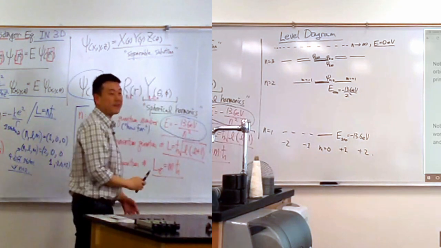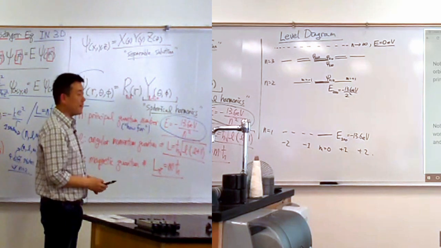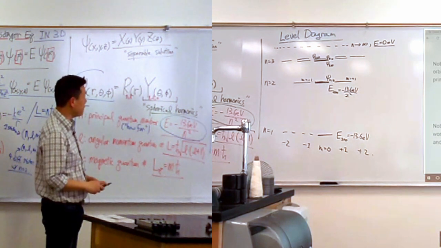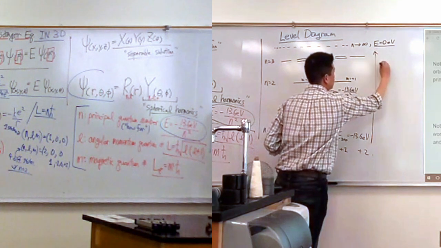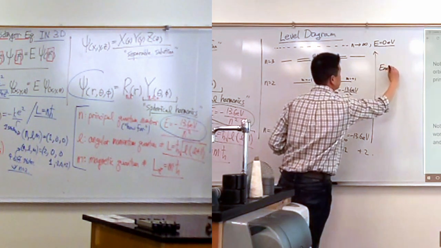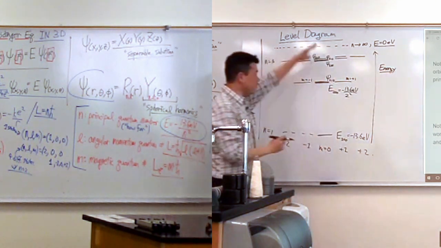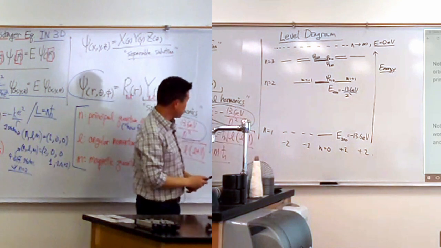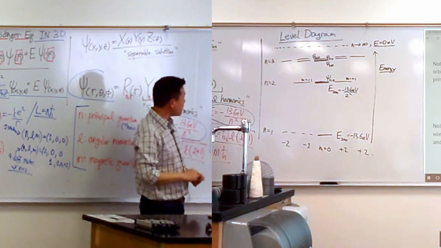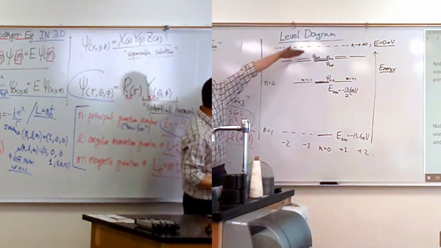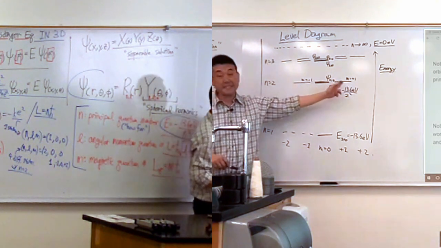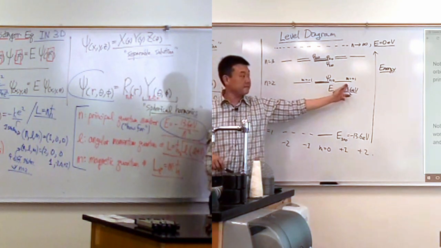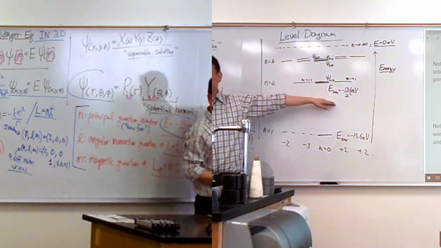That's one way of doing the energy level diagram. And this axis is being used for energy. What I'm trying to illustrate is that you have these different states that have the same energy.